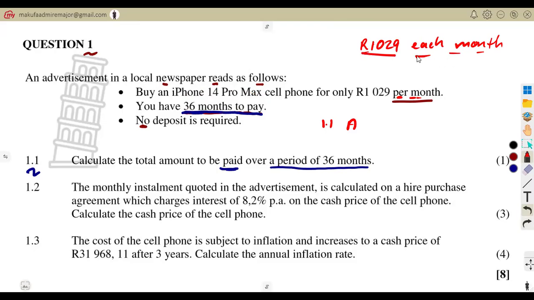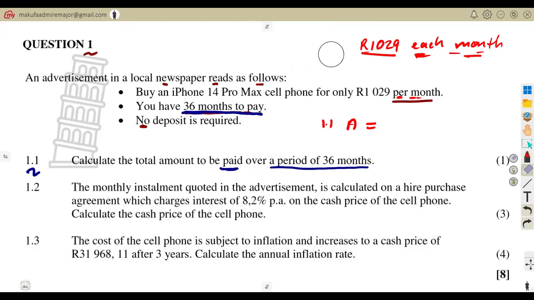Paying this each month. So how are you going to get the amount? You're supposed to add them like this: 1,029 plus 1,029 plus 1,029 and so on, 36 times adding those.